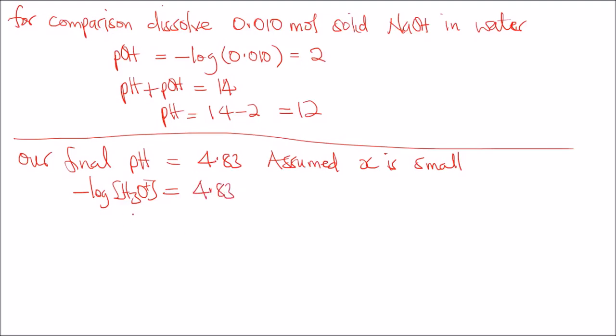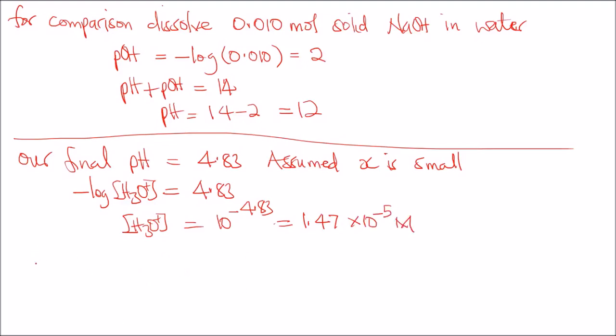This implies that the concentration of this is equal to 10 to the power negative 4.83, which gives a concentration of 1.47 times 10 to the power negative 5 molar.